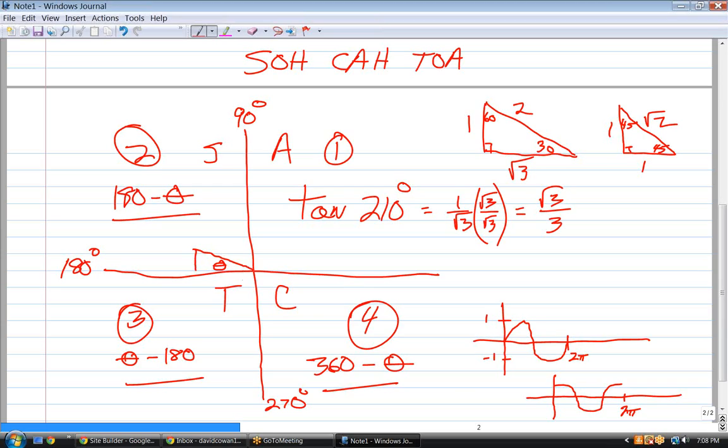Well, notice that if I draw that same angle and we'll make it a 150 degree angle, that 150 degree angle is supplementary with that reference angle. And that's where this 180 minus theta comes from. And also, notice that the sine is the opposite side, which is a positive number, over the hypotenuse, which is always positive on the unit circle.